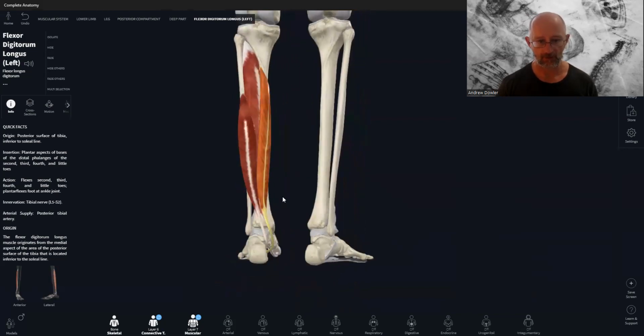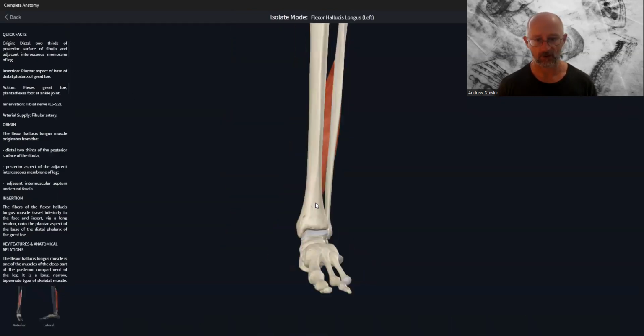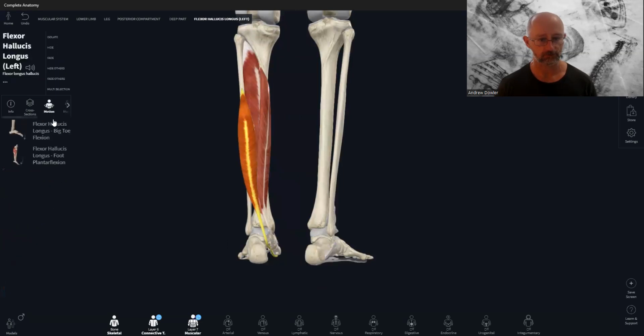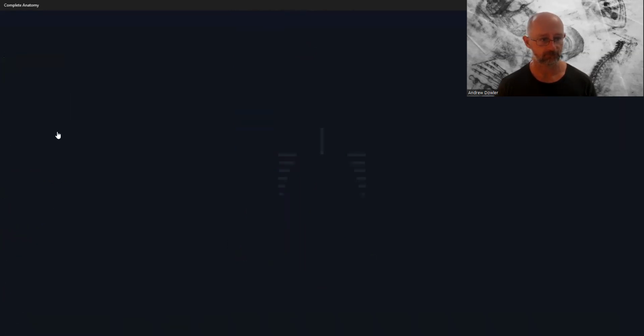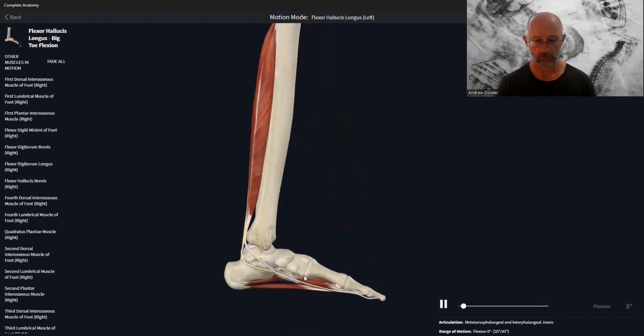Okay. All right. So let's have a look at our big toe movement. So we're going to go back to our big toe, our flexor hallucis longus muscle. And let's do its motion. Big toe flexion. So you can see these muscles, they're working together to contract, and then they curl the toe under.